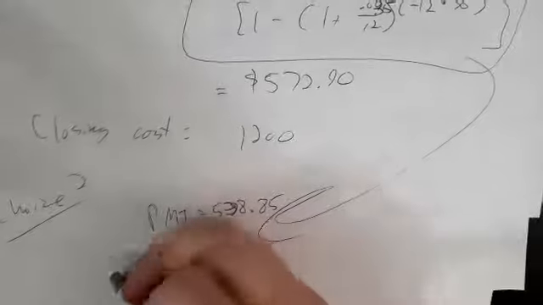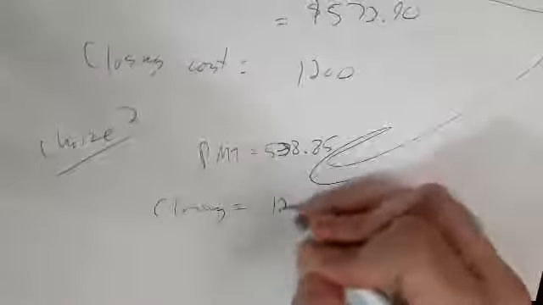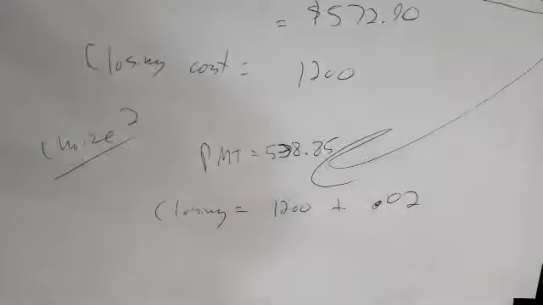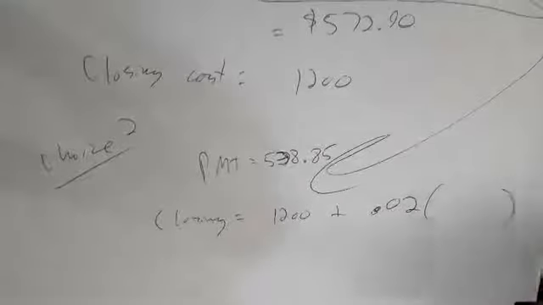What else are they asking? Closing cost. So my closing costs on this guy are $1,200 and 2 points. And for 2 points, what they mean is 2%. But they mean 2% of, guess what number they're talking about?